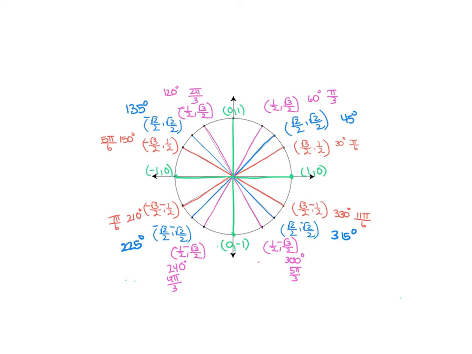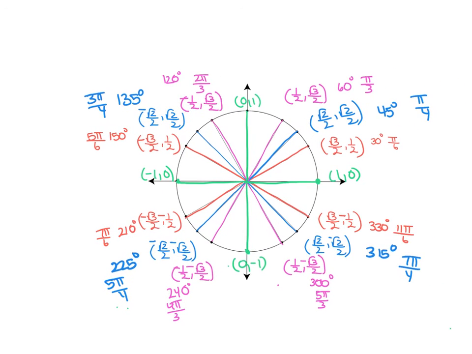In terms of radians, you have 1/4, 3/4, 5/4, and 7/4.